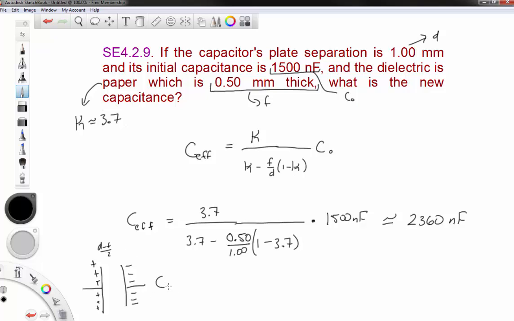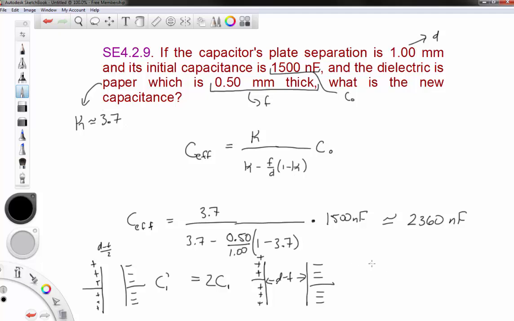This one, the capacitance, we'll call it C1 prime, is actually equal to twice the capacitance of C1, where C1 was this one like so, and then separated by a distance of D minus F.